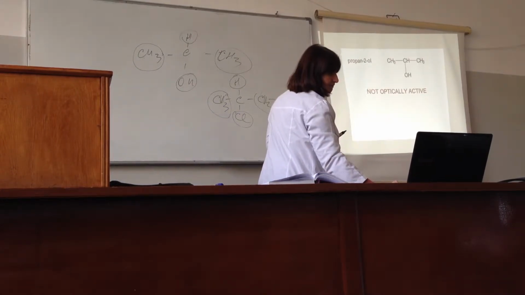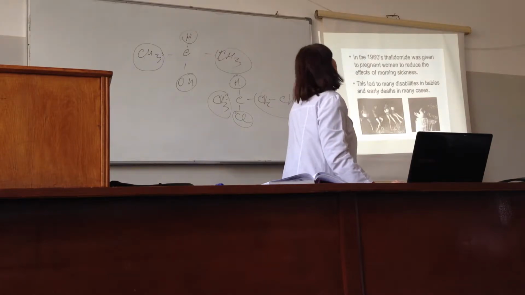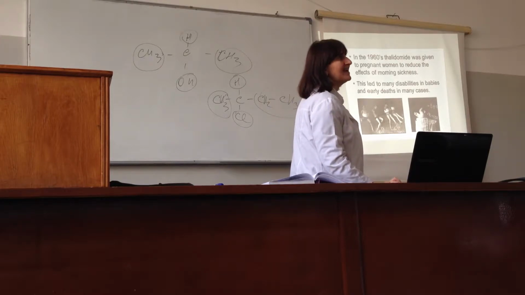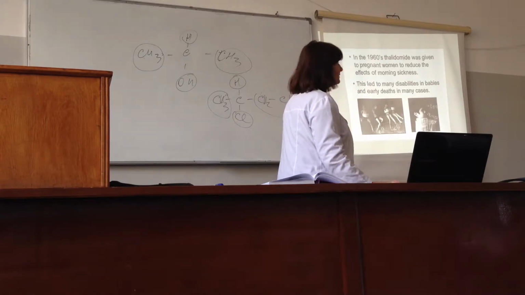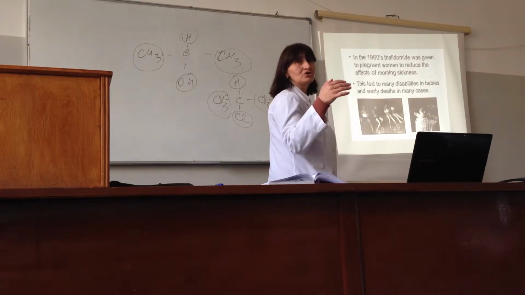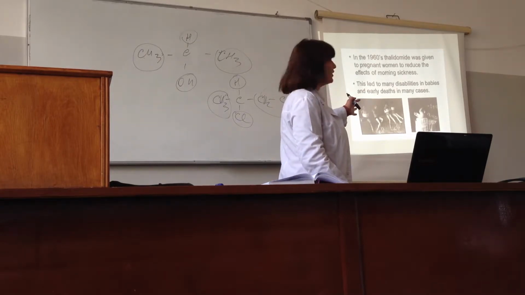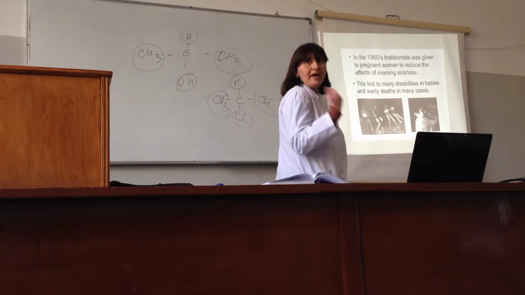Why is it very important? Their structures differ, and you have the R or S system of enantiomers, which I explained. First of all, now look. In 1960, a drug, thalidomide, was given to pregnant women, and the results were horrible, because children were born without hands. Why?